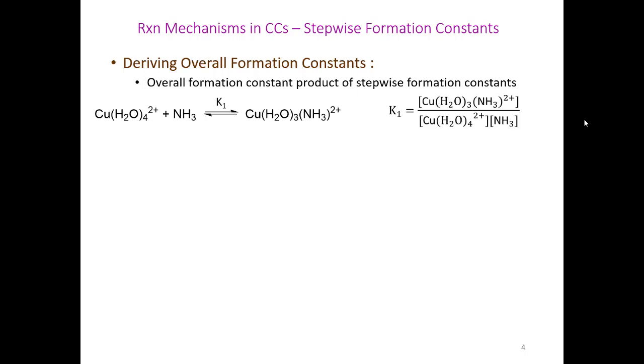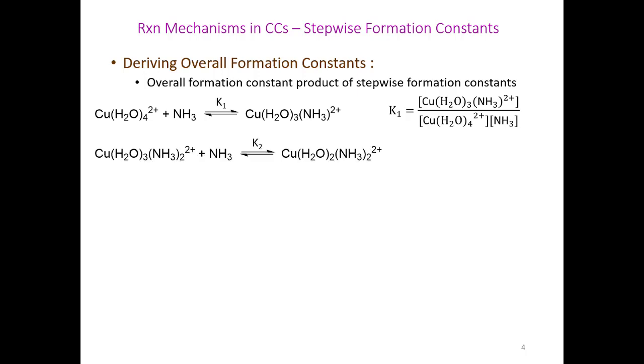The stepwise formation constant for the first ligand substitution is K1, which is equal to the concentration of the product, in this case the amine triaqua copper 2, over the concentration of your reactants, so that's the tetraaqua copper 2 and ammonia.